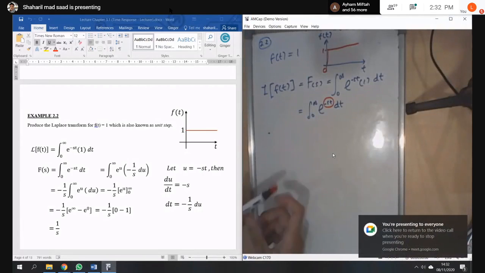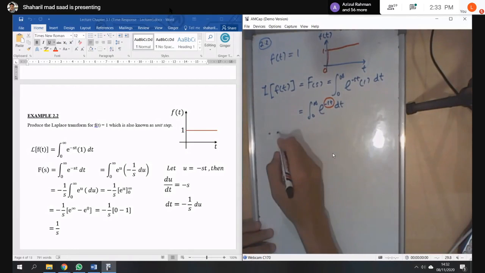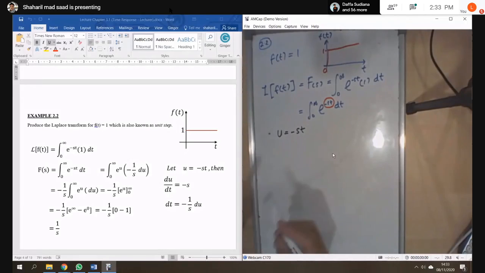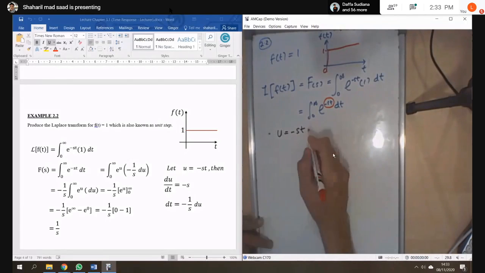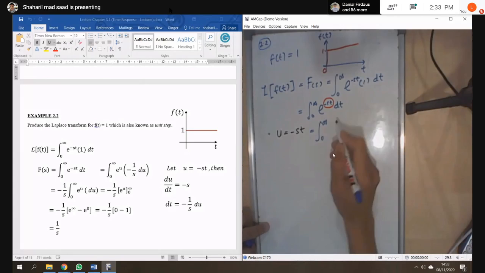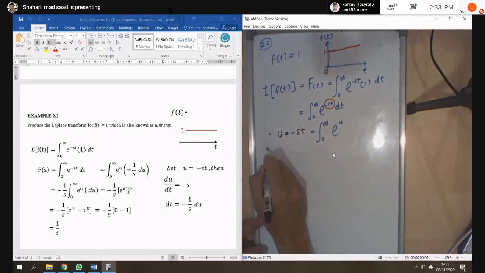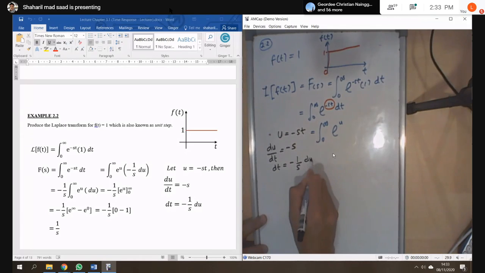Okay, so how to solve this one? I think you already know about it. We just replace u equal to minus st. Then this becomes the integral from 0 to infinity of e^u. To solve for u, we get du over dt equal to minus s, or dt equal to minus 1 over s du.